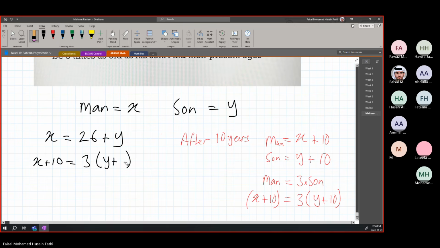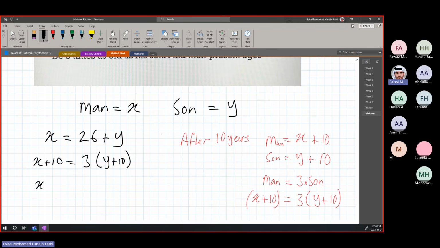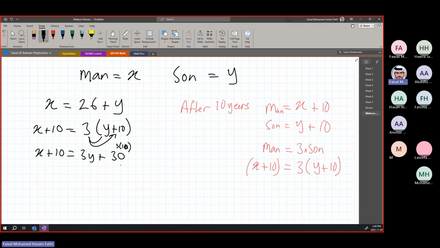Okay, and then we can simplify. For x plus 10 equal to, we distribute 3 times y plus 3 times 10, which is 30, because this is 3 times 10. Then you can start solving it like a simultaneous equation.